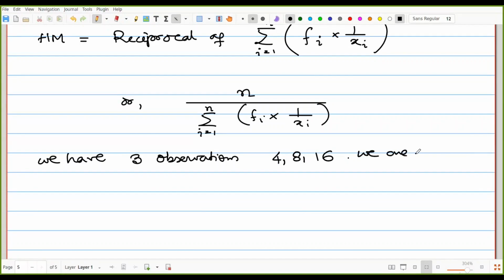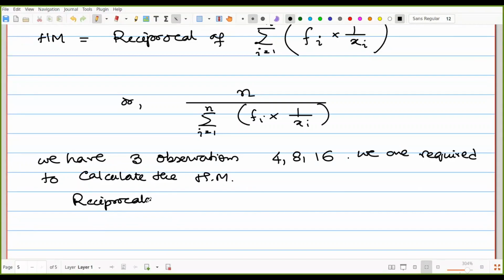We are required to calculate the harmonic mean. So the reciprocals of 4, 8, 16 are 1 by 4, 1 by 8, 1 by 16 respectively.